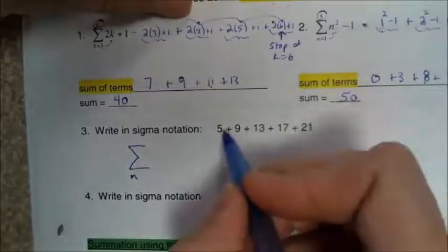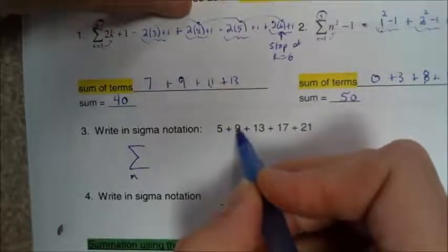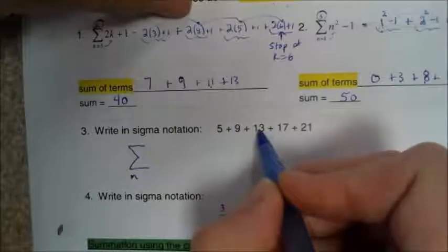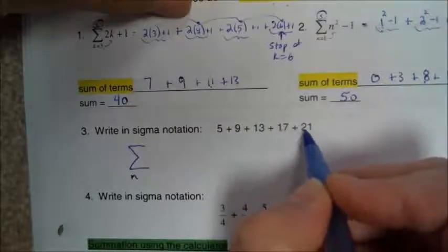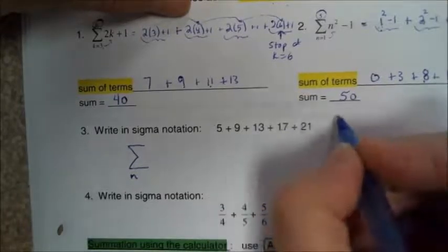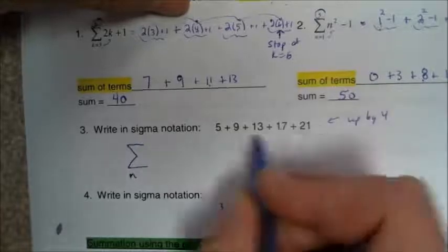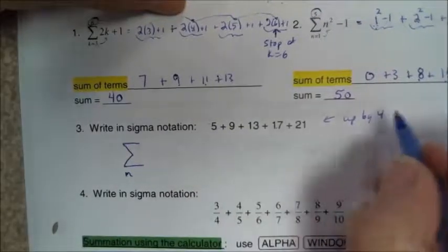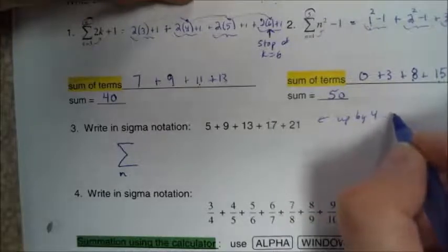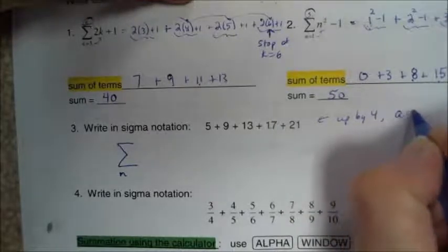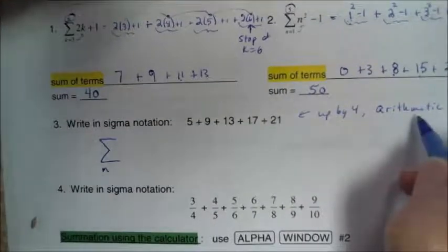Now if you notice this pattern, this goes up 5, plus 4 is 9, plus 4 is 13, plus 4 is 17, plus 4 is 21. So this goes up by 4 for each term. So if you had 5, 9, 13, and 17, this makes it like an arithmetic sequence.